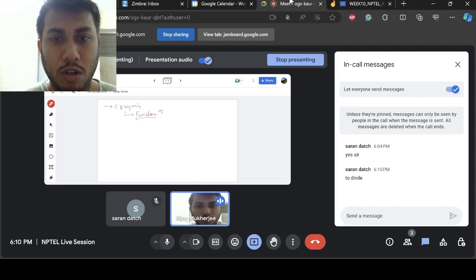So instead of writing the same code again and again, you can, for example, say you have to compute a factorial several times. Suppose you are writing code for RSA cryptography, and you have to find whether a number is a prime number or not.